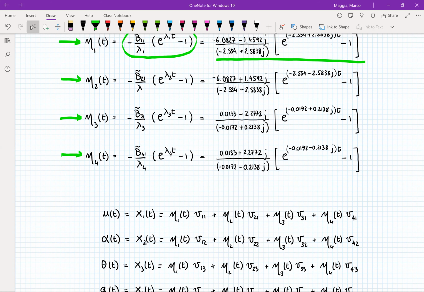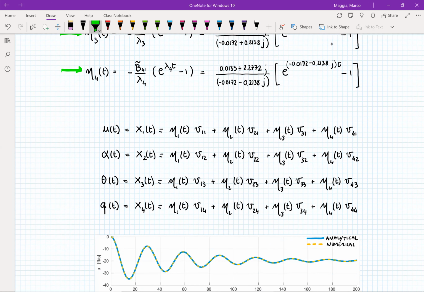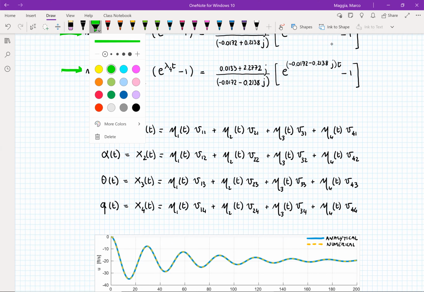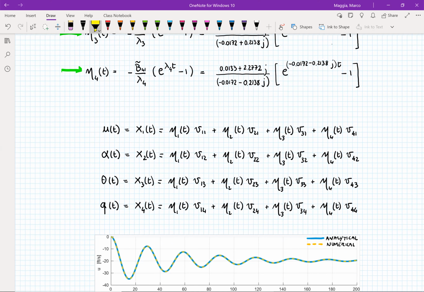All right, so once you have the 4 modal amplitudes, we can retrieve the states by multiplying the modal amplitudes by various elements of the eigenvectors, as I've already showed you a couple of lectures ago.